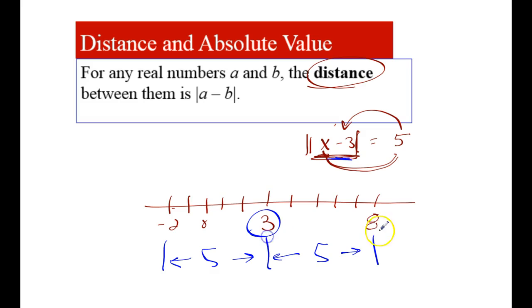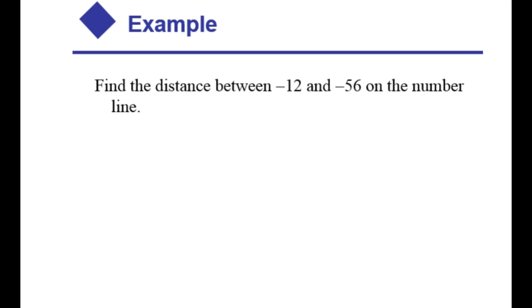So I would say 8 is a solution. X could be 8. X could be negative 2, because they're both 5 units away from positive 3. And I know you're looking at this as a minus sign, but it's called a root. So when does x minus 3 equal 0? When x is actually equal to 3. So it's 5 units away from 3, and then you have to change that sign.